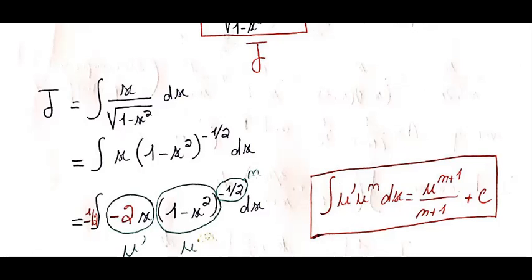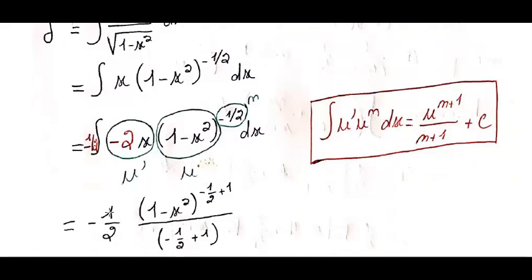And n is minus half, which means when we integrate, we get minus half, which is the one outside the integral, times u to the power n plus 1. So it's 1 minus x squared to the power minus half plus 1, over n plus 1, so minus half plus 1.